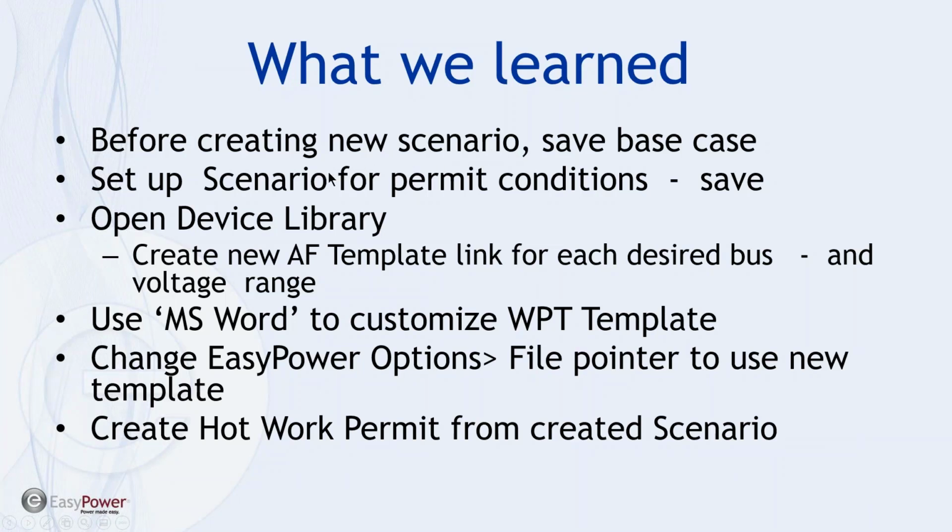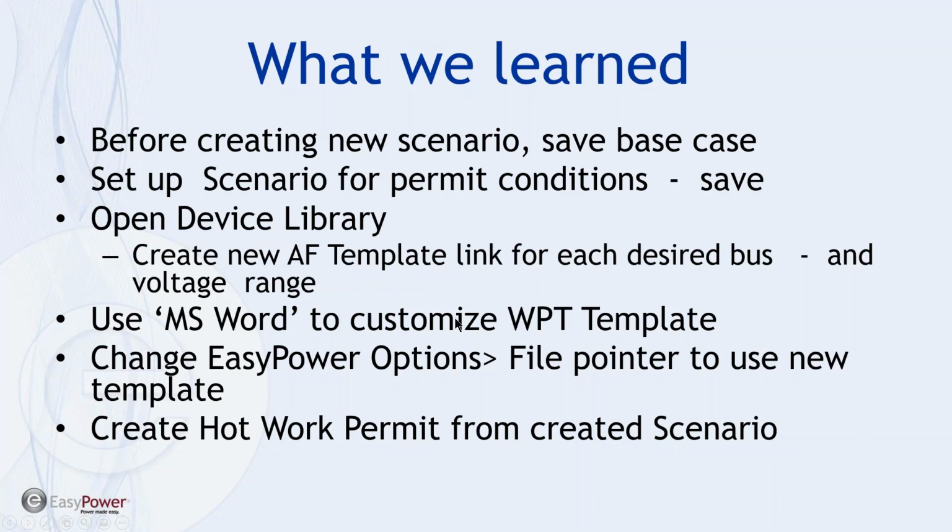You want to do the document permit creation while you're in the scenario and short circuit the arc flash module. You want to make sure you make an entry in the device library for any voltage range and equipment listing that this particular permit will apply to.